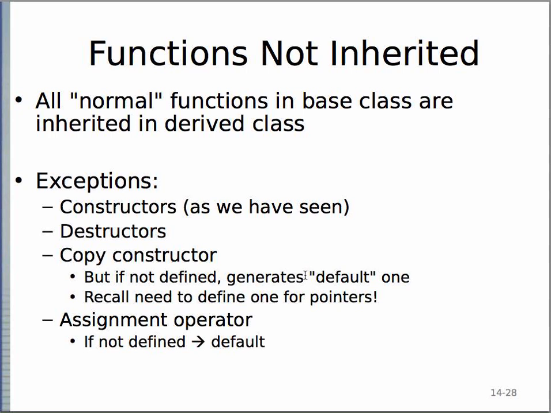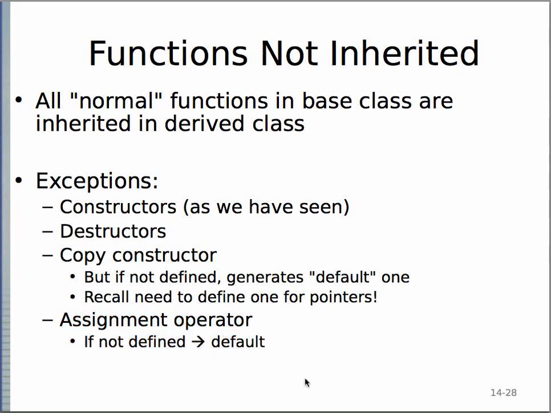The rule of thumb is when you have pointers in your class or dynamic objects, there's a good chance you should set up your own copy constructor and your own assignment operator too. Remember that a default one is given to you for free if you don't define it.